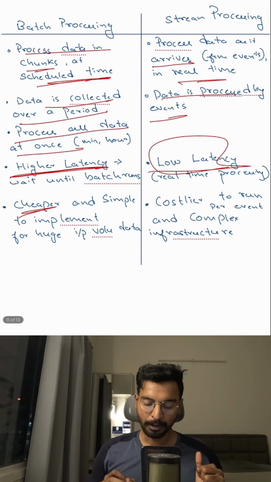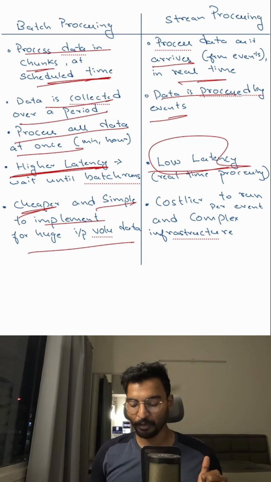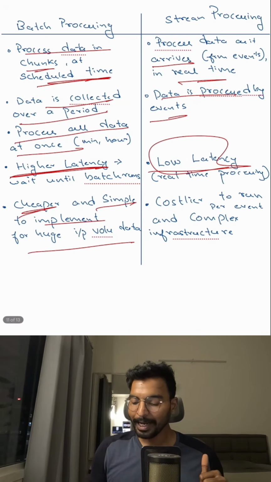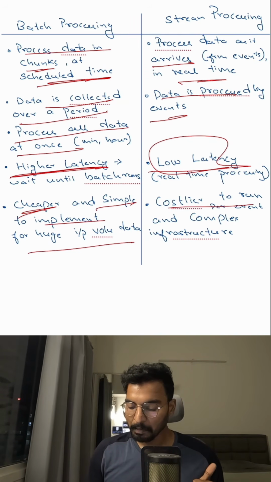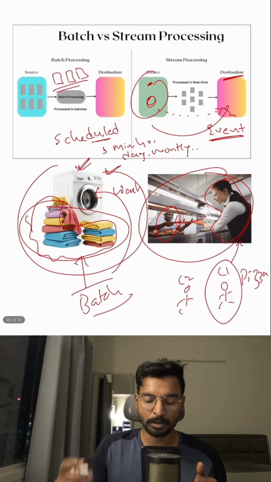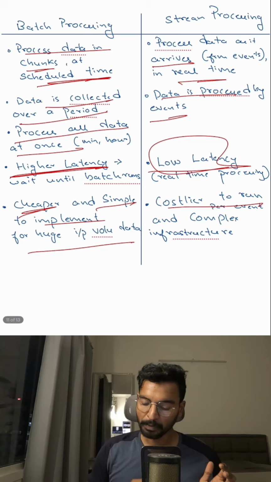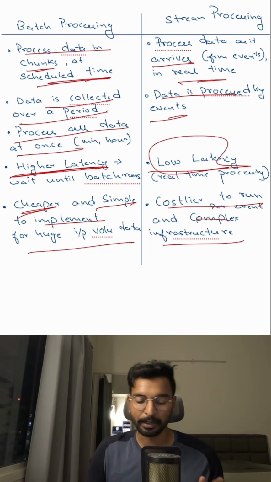So it is cheaper and simple to implement for a huge volume of data. Whereas streaming, as a process overall, is costlier. The reason being you need to process each and every event as it becomes available. As well, it is complex, and the infrastructure would be a bit complicated.